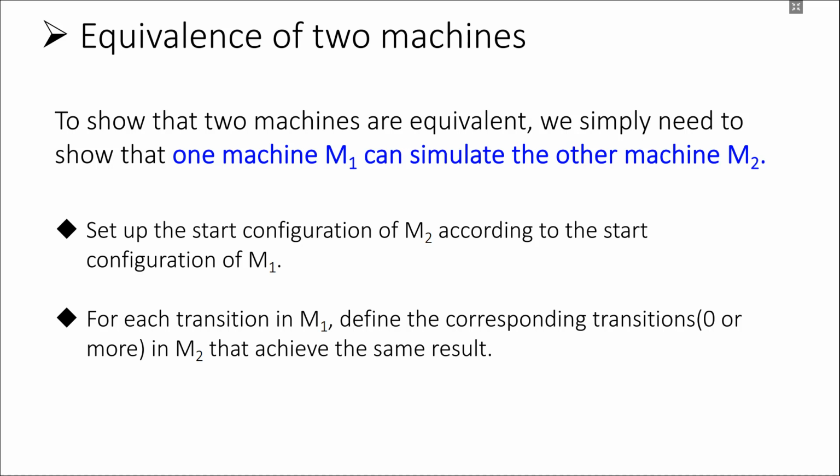We set up the start configuration of M2 according to the start configuration of M1, and for each transition in M1, define the corresponding transitions in M2 that achieve the same result. For one single transition in M1, it is okay to have multiple transitions in M2 to achieve the same results.